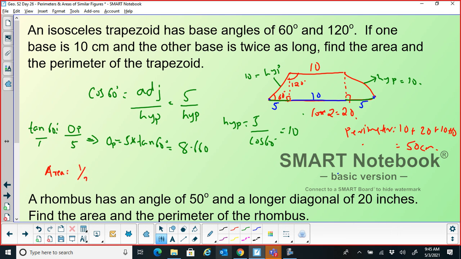To find area, you know the formula for area is half of h times b1 plus b2. Here h is not the hypotenuse, it is the altitude of this trapezoid, which we found as the opposite, that is 8.660.